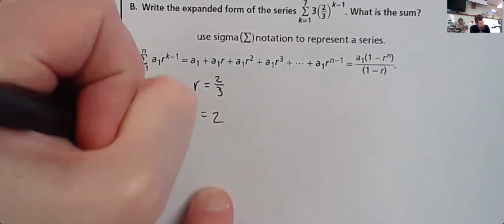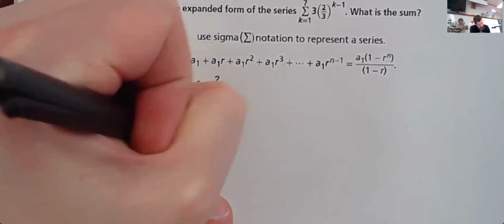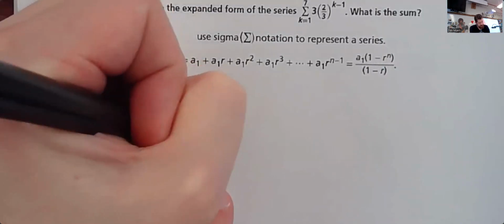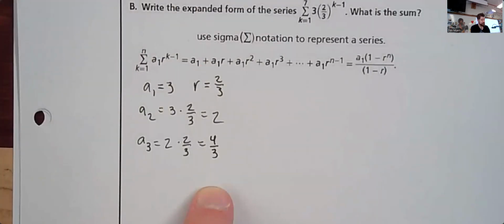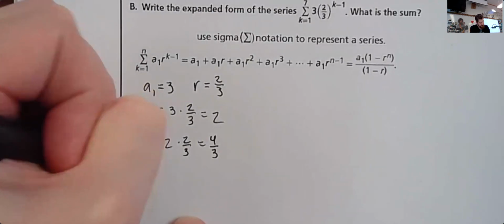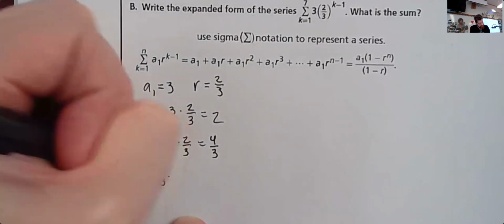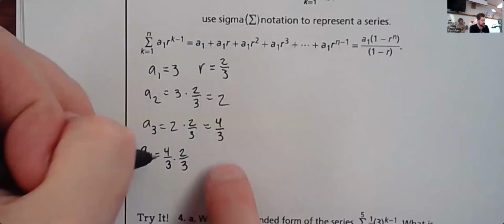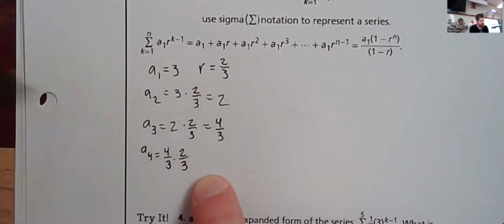A sub 3 is equal to 2 times 2/3. 2 times 2 is 4. 4 divided by 3 is 4/3. A sub 4 is equal to 4/3 times 2/3. We're just multiplying everything by 2/3. 4 times 2 is 8. 3 times 3 is 9. That's 8/9.